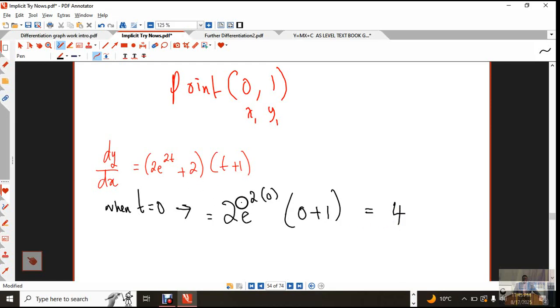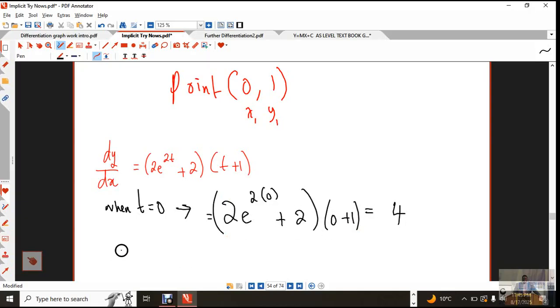So I left out something here. Just do my correct substitution. It's going to be that plus 2. Okay, that's what that was. And then you have got 0 plus 1. Of course, this is going to be 2 times 1, which is 2. 2 plus 2 is 4. And 4 times 1 is 4.